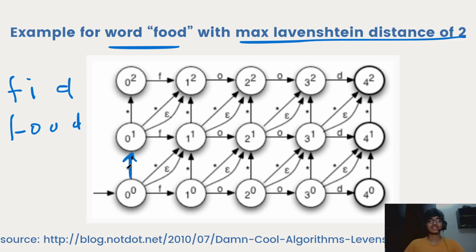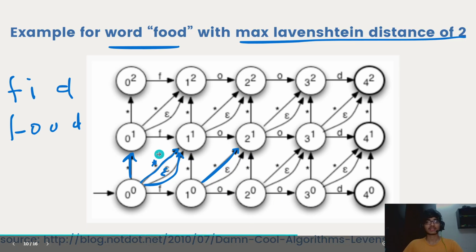So this upward transition is any character insertion at that index. And this diagonal transition with the star represents substitution. Any character substitution instead of F here. Or if it's here, any character substitution instead of O. And this another transition, this null transition, represents deletion.